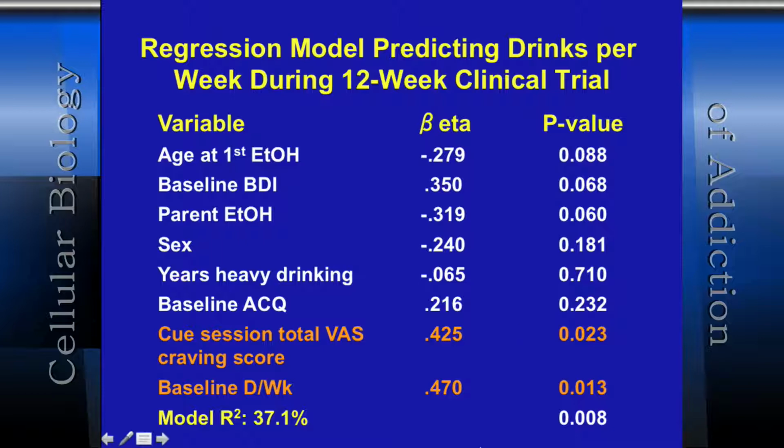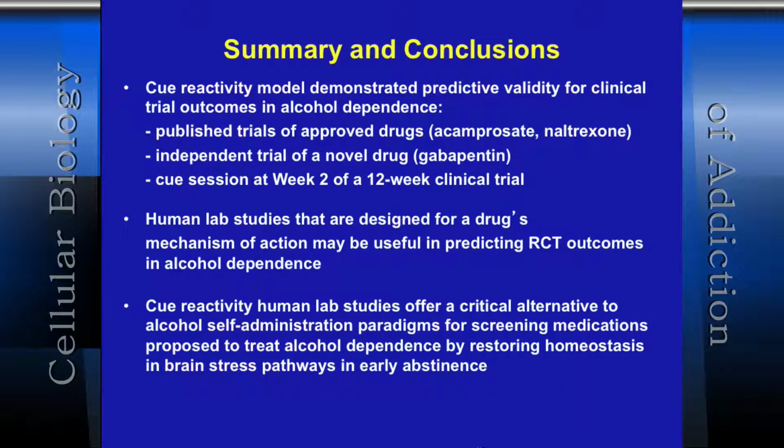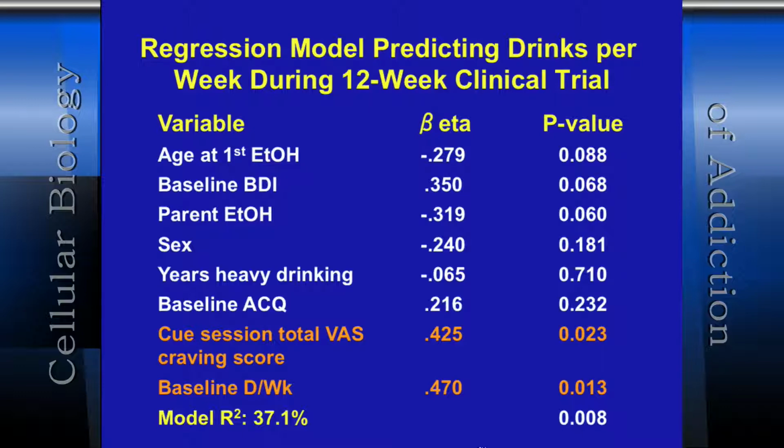And when we looked at all the different variables that are often associated or at least evaluated as predictors of outcome in clinical trials, such as age at first drink, baseline level of the Beck Depression Inventory, family history of alcoholism, male or female, years of heavy drinking, baseline scoring on the alcohol craving questionnaire, none of those were significant predictors of outcome on the clinical trial.